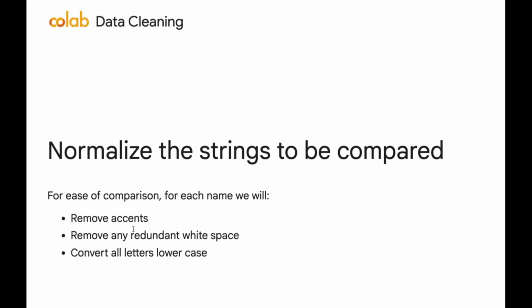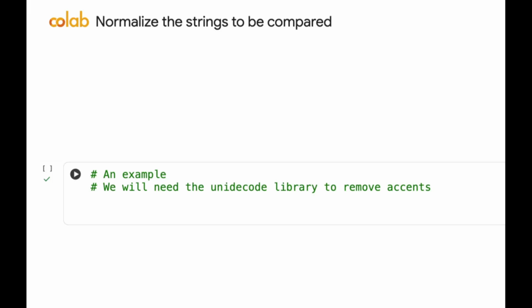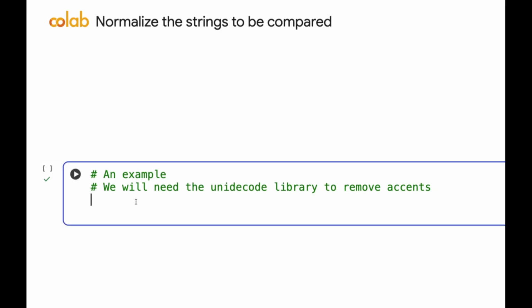Okay, so let's see how we can do this. This time we're going to use an example, and first of all, let me install and include a library we're going to use for doing some normalizations.